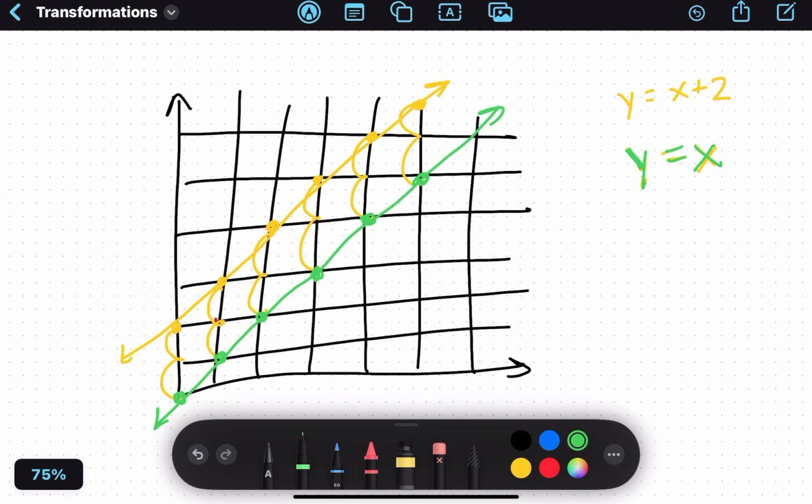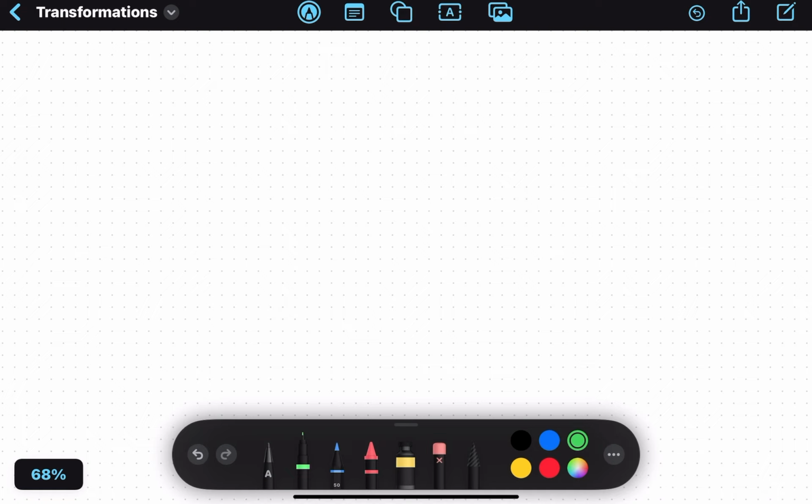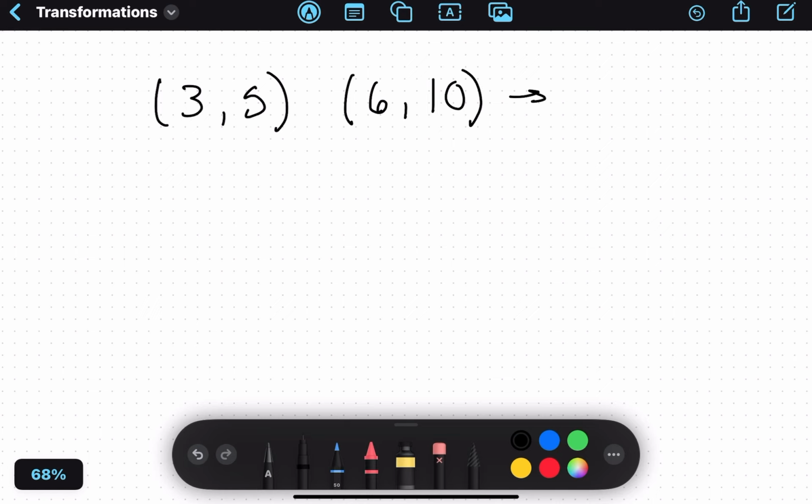But when you're doing it algebraically, you just need to remember how to add and subtract. So let's say we didn't have a graph and we wanted to move the points 3, 5, and 6, 10, 4 units down and 1 unit left.